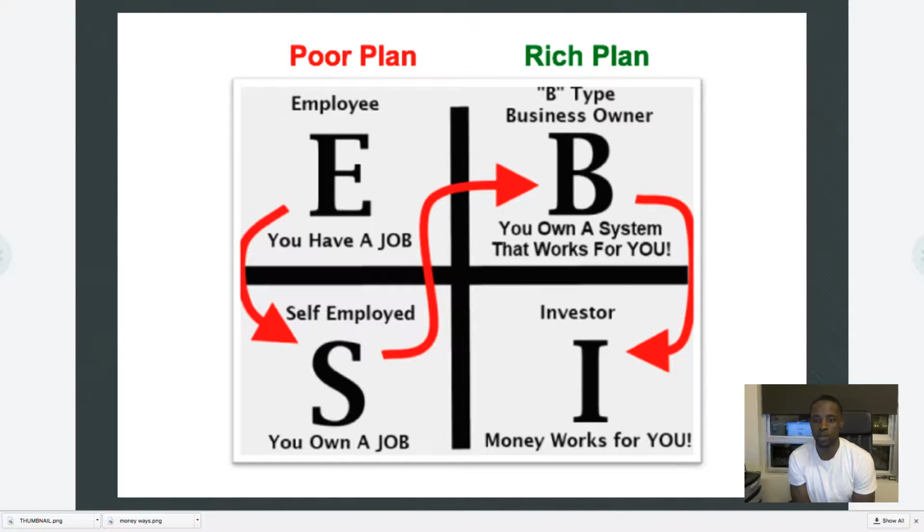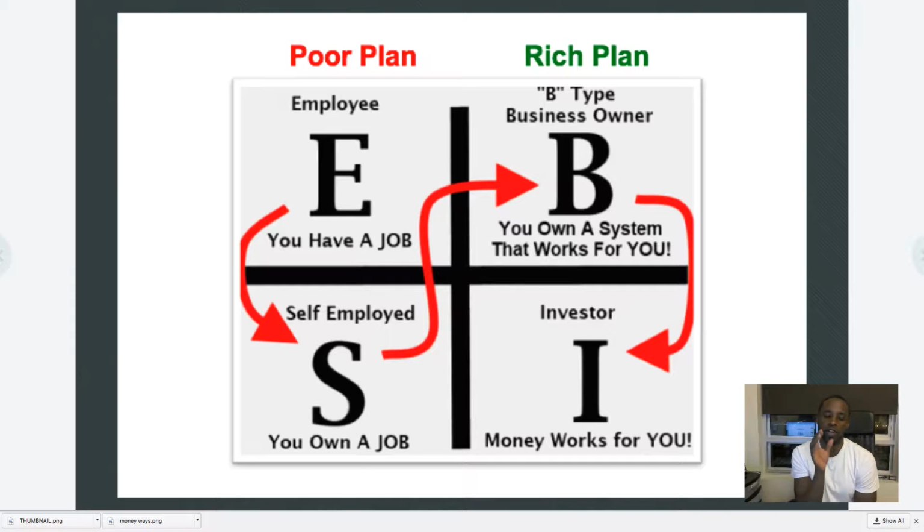So that's money working for them, and they can make money while they sleep, because they don't have to run the operation. It's an investment on their side, and they expect a certain amount back. So the rich plan is on the right, and the poor plan is on the left.